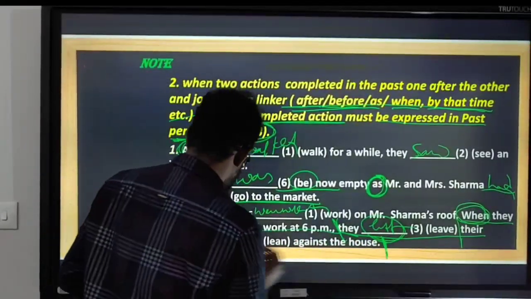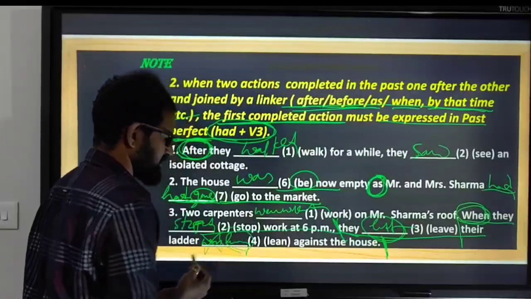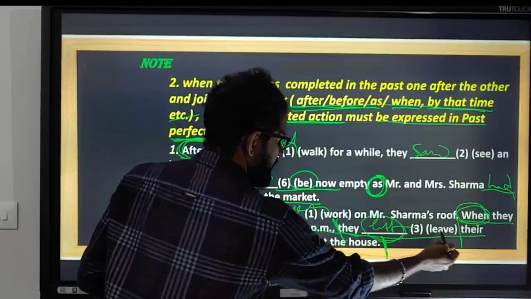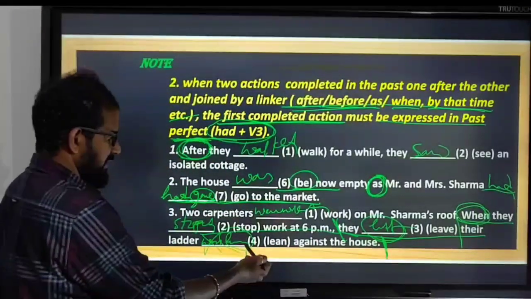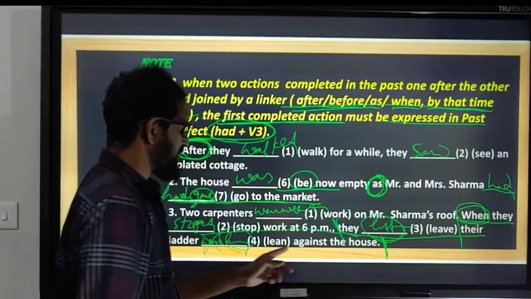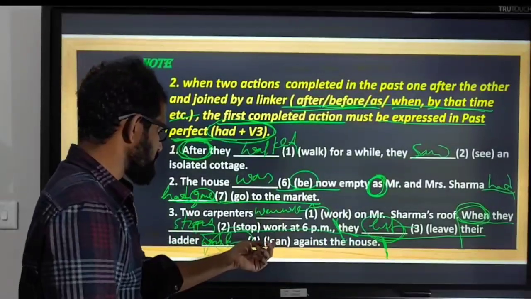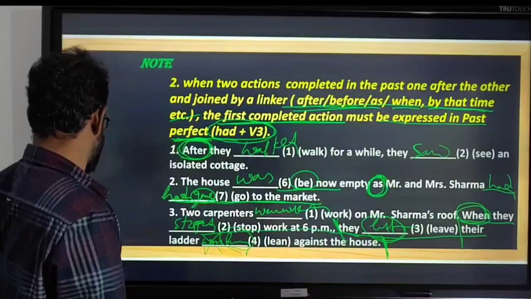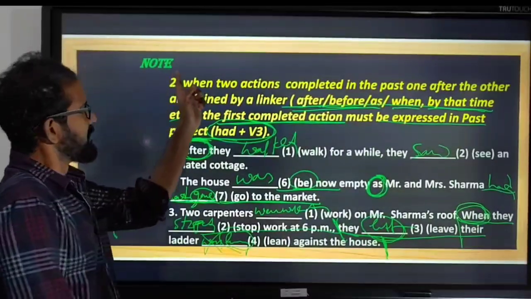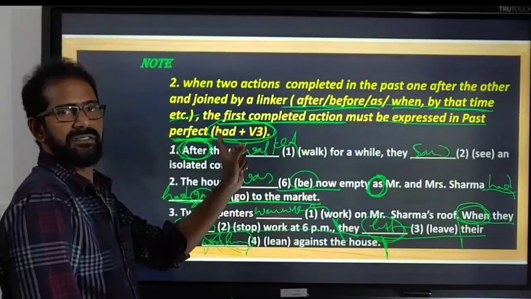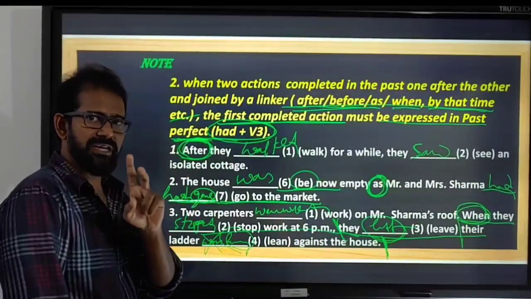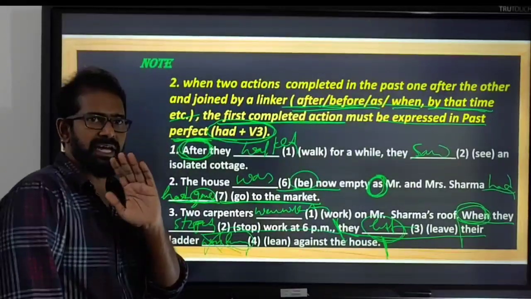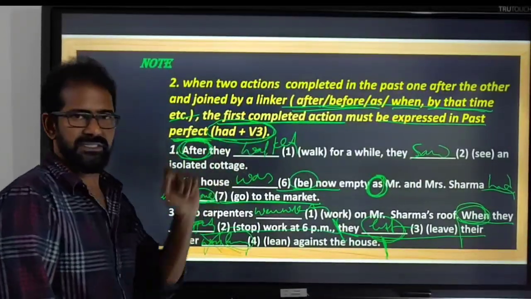So we don't want a helping verb here. We just take leaning. So the answer is they left their ladder leaning against the house. We use present participle as a gerund. So past perfect tense must be expressed if two actions are completed in the past, one after the other. The first completed action must be expressed in past perfect.